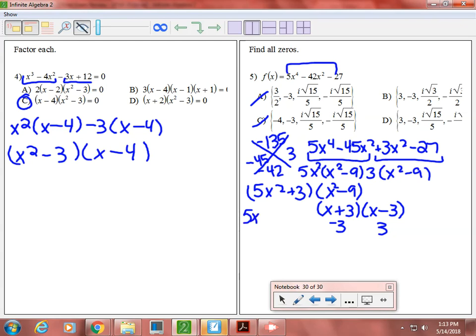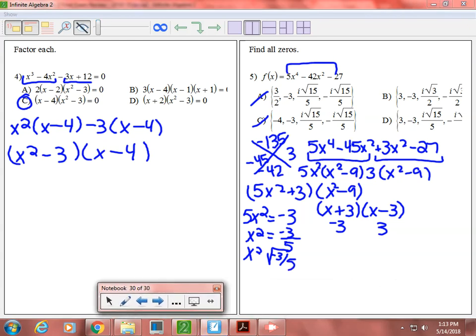Well, 5x squared is going to be equal to negative 3. Then x squared is going to be equal to negative 3/5, and then I'm going to take the square root of both of those. So as soon as you see a negative sign, that means that you want to pull an imaginary out in front. So I have an i, and then this is the square root of 3 over the square root of 5.